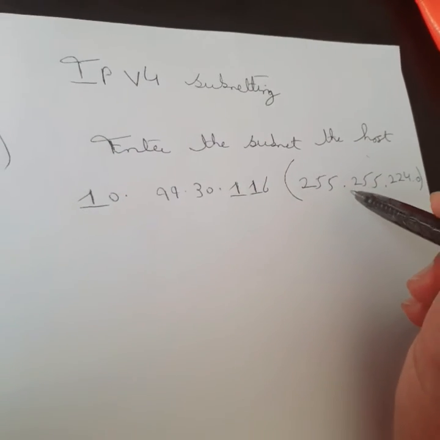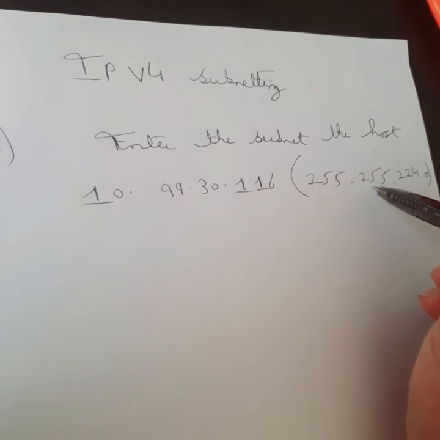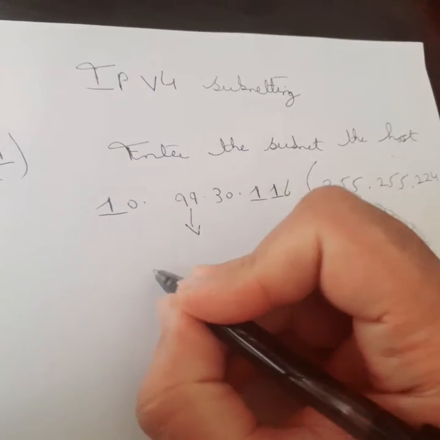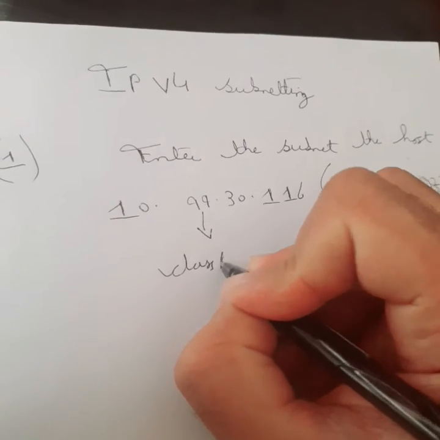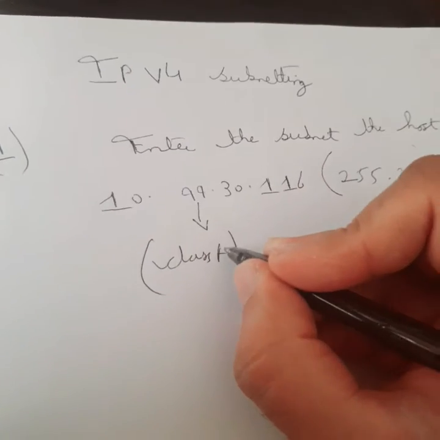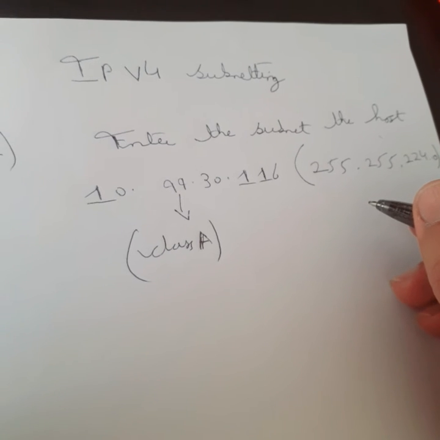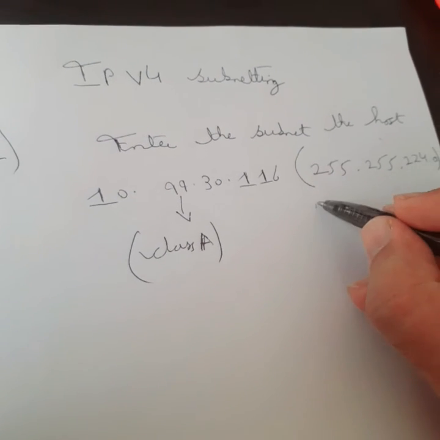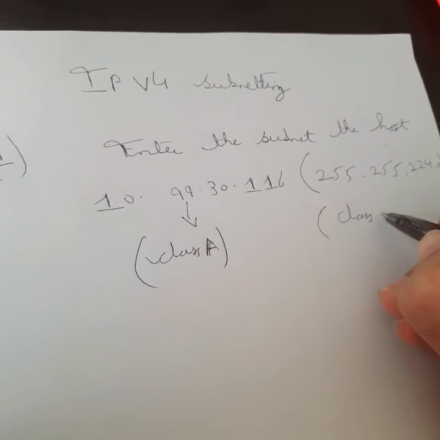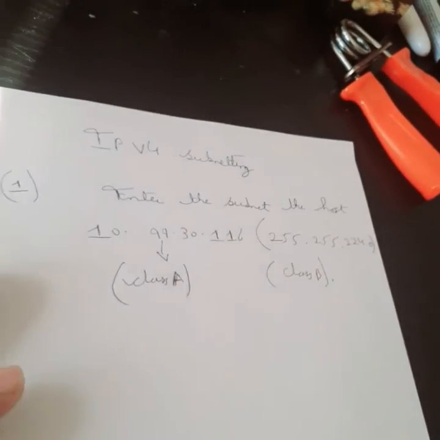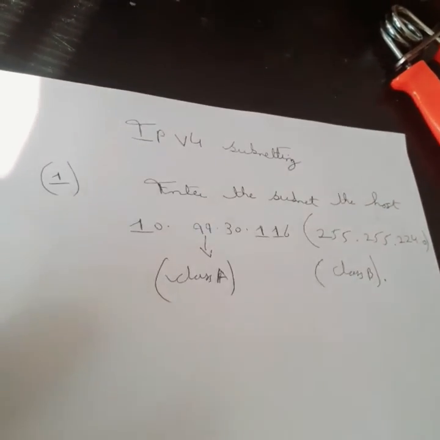But this is definitely not a class A mask. That's a class B mask. Remember, in the objectives, in your job role, remember. So this is class A, and that's a class B mask. Remember this, very important. So it will be based on the requirements.